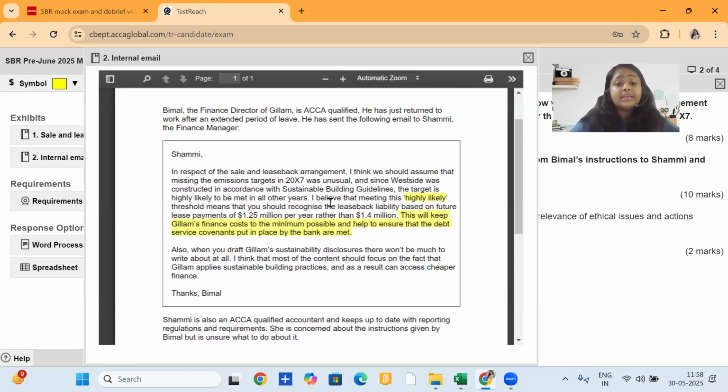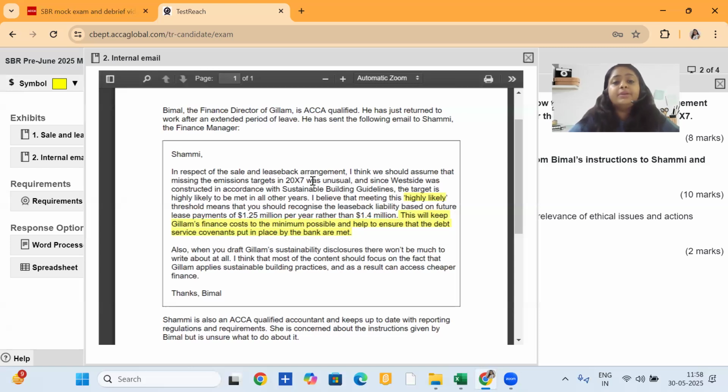However, when we are creating a provision, highly likely is something that we are not looking for, because if we are expecting that these emission targets are not going to be achieved in the upcoming years, then a provision for the liability would still be recognized. So this shows that Bimal is not technically updated with the technical standards. Hence, this clearly shows his lack of competencies.